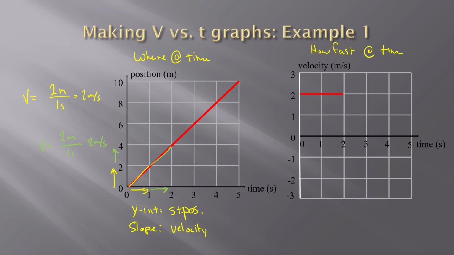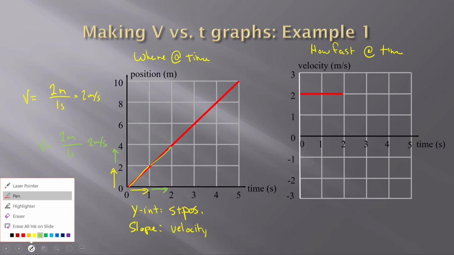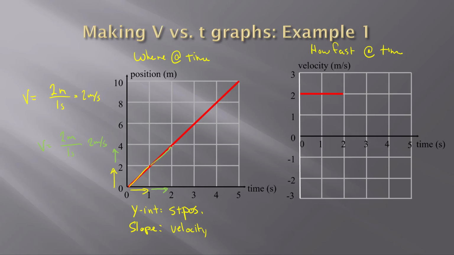For the whole thing, the slope is always going to be 2 meters per second. So a velocity versus time graph would just be a nice flat horizontal line at 2 meters per second, because the slope of this position versus time graph at all points in time is 2 meters per second.